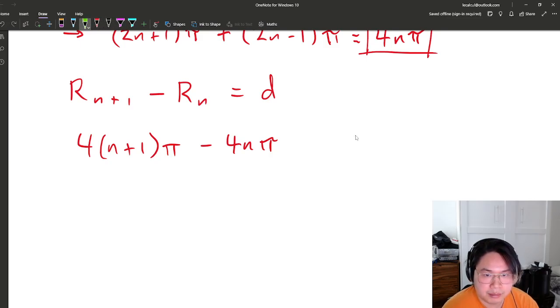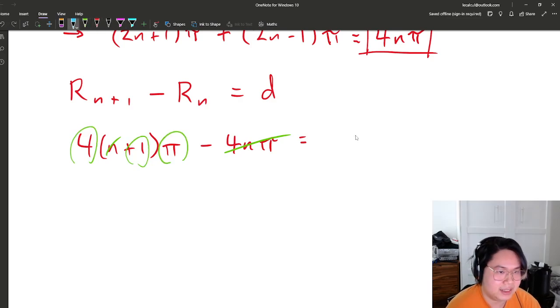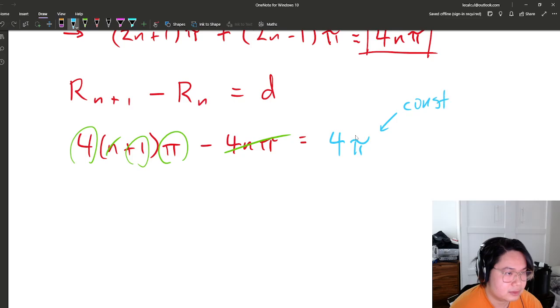The 4n pi's cancel out, so all you're left with is 4 pi, right? And that's a constant. So this is a constant. So arithmetic.